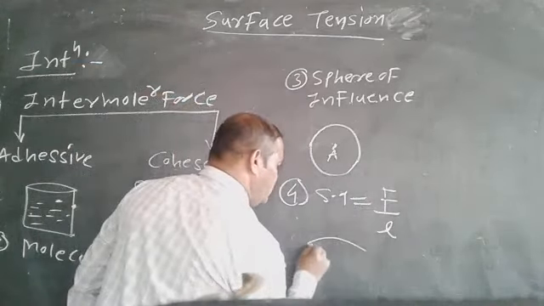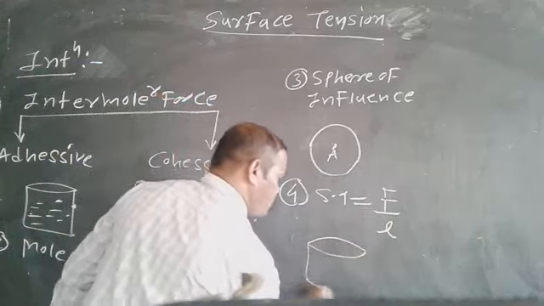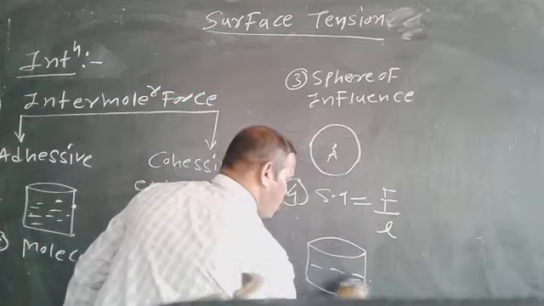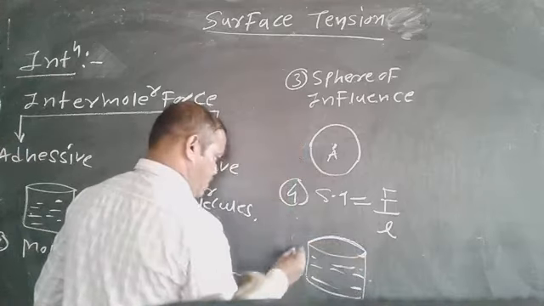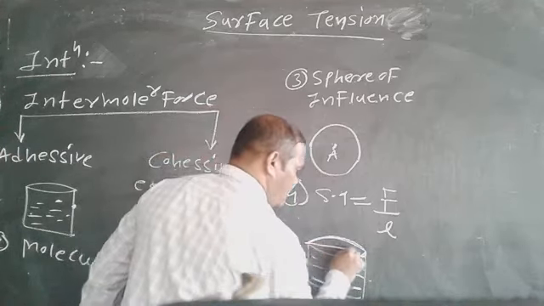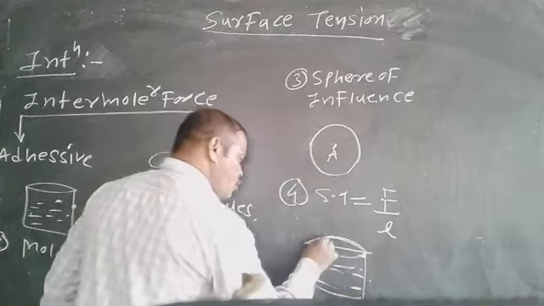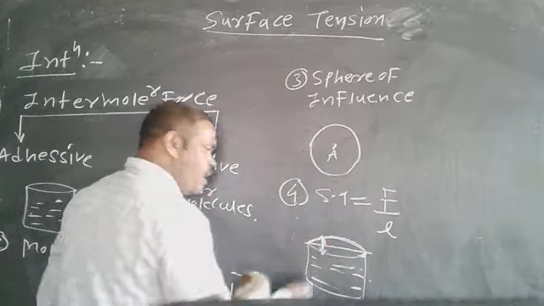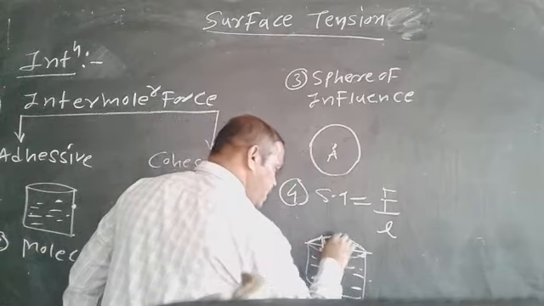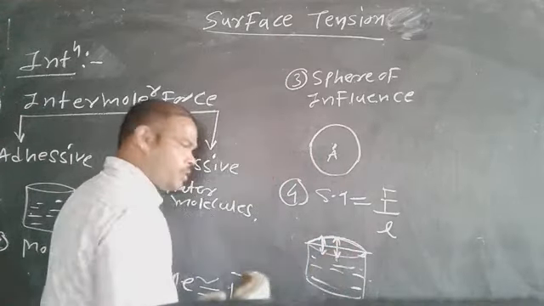Suppose that this is a beaker containing water and this is the free surface of the liquid, and we can draw this imaginary line. So the force is acting on this line. It is called as tangential force.